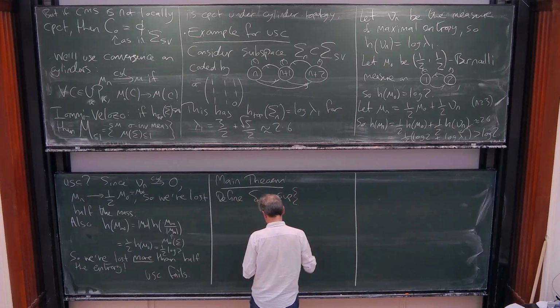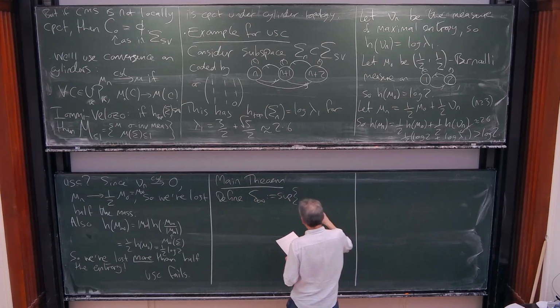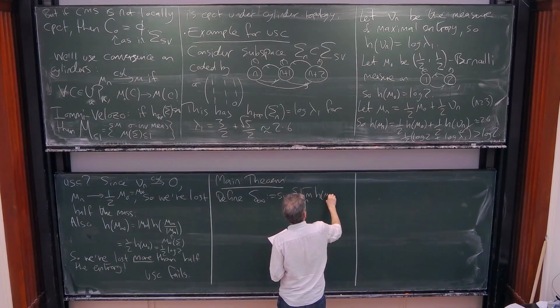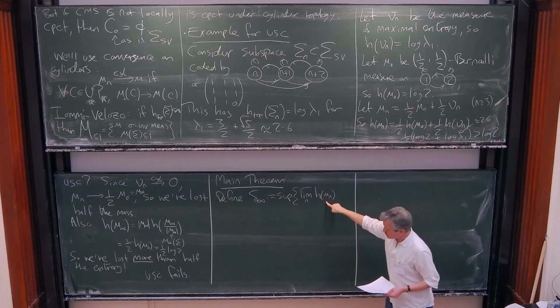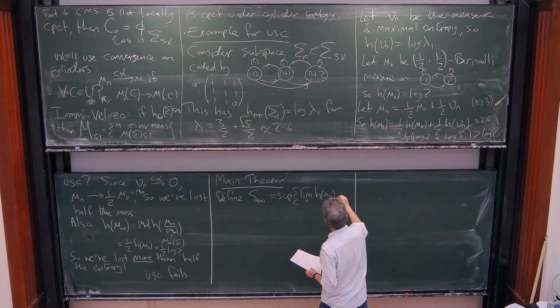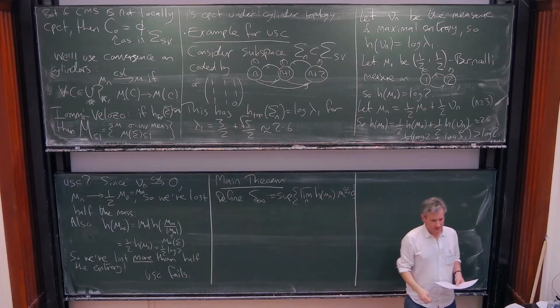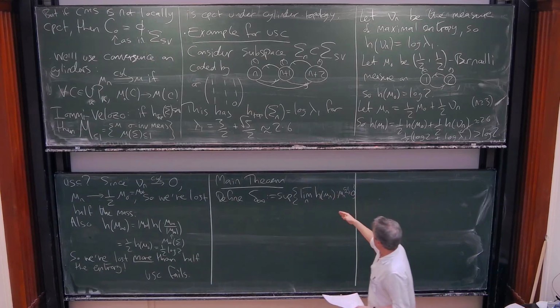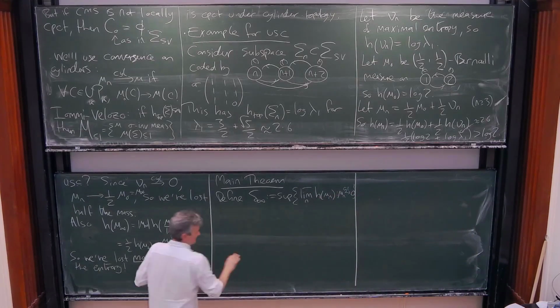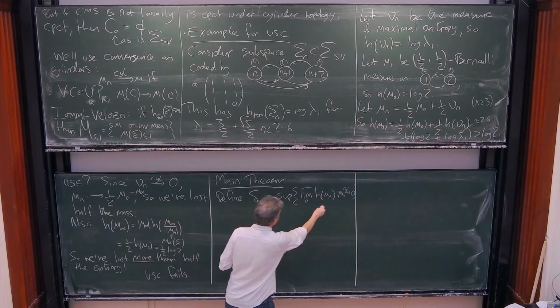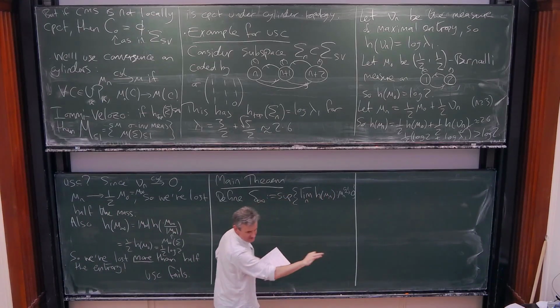So what I'm going to do is look at sequences μn which converge on cylinders to 0. Okay. So I'm taking measures which are giving basically more and more of their mass to infinity, and I'm looking at the entropy as that happens.